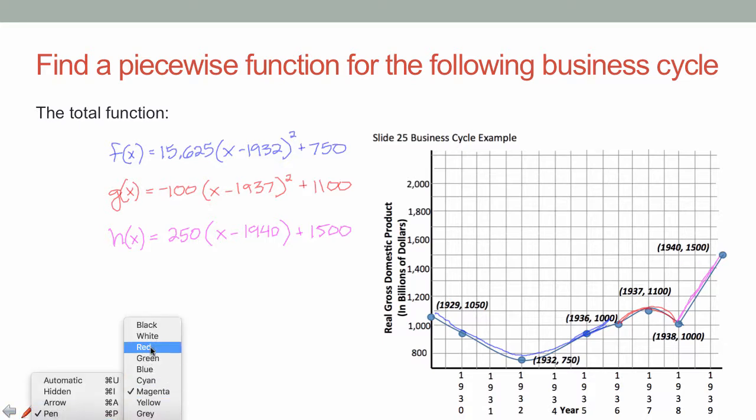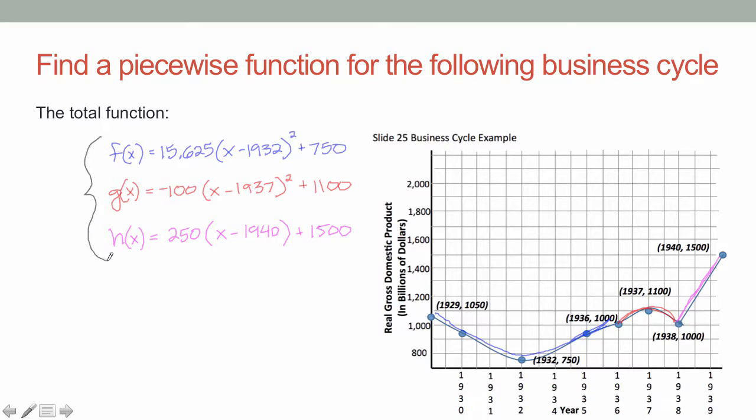Now, some things, again, with pieces, we have to make sure that these are all one function. So when we do a piecewise function, we might call this L of x. Let's just do L because I can't think of any other. So we have L of x is all one function composed of 3 different functions. And then we need to define when to do each function. So we do function f.